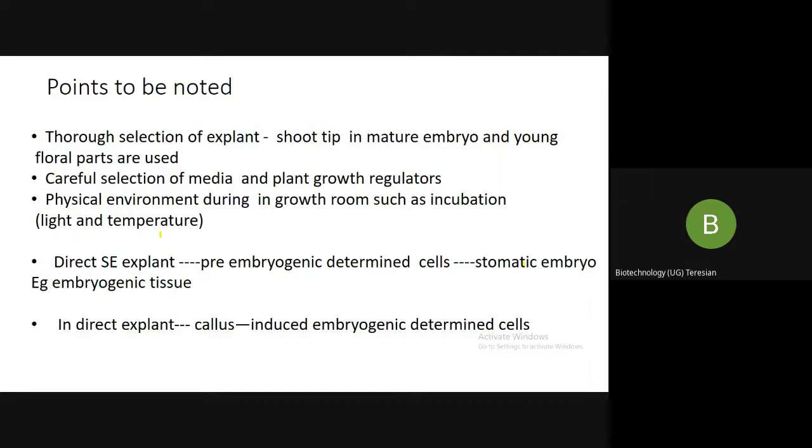All this matters. Simply we cannot say that direct embryogenesis and indirect embryogenesis is formed. No, these points you have to remember.